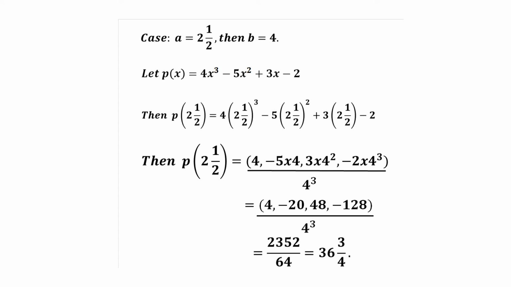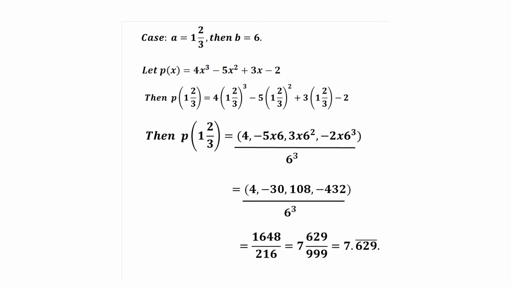Okay, we formed the tuple, 4, negative 20, 48, negative 128, so we would convert that to an integer. You would add 130, take away 13, and so forth, and you would get 2,352 divided by 64, and that turns out to be 36 3/4. Now that we have the case a is 1 2/3, 6 times 1 2/3 equals 10.